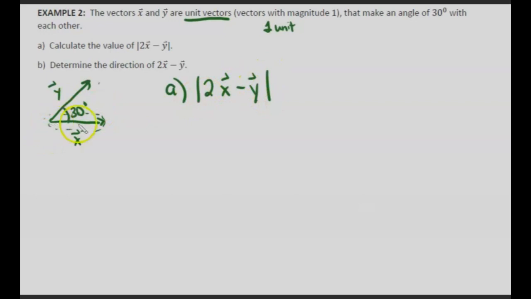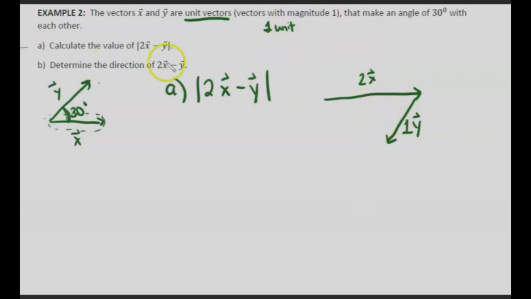We drew x going kind of east, so we multiply that by 2, so we have 2x about this long. Then vector y we had going up because these are 30 degrees to each other. But because we have minus y, we draw vector y going down. The magnitude of that is still 1 because remember it's a unit vector.